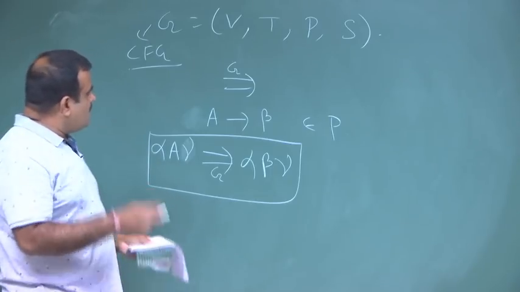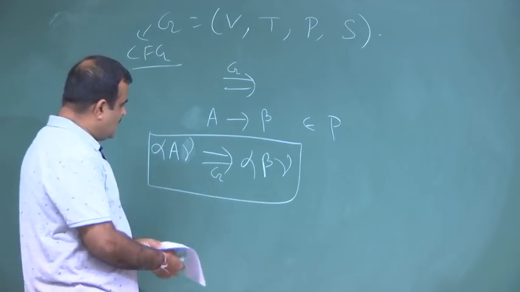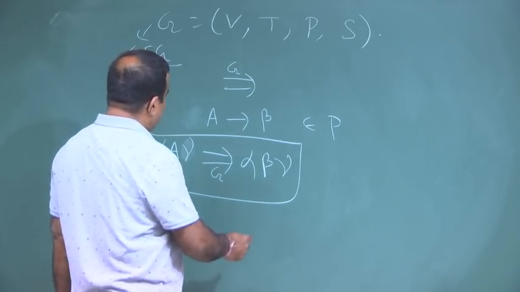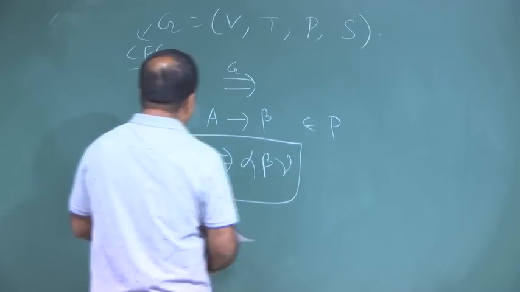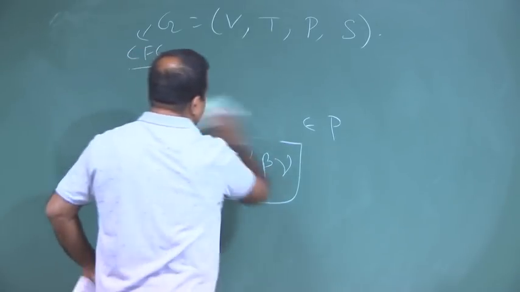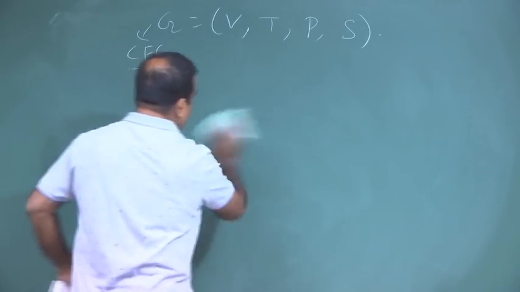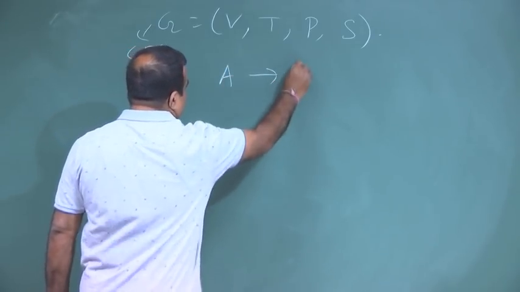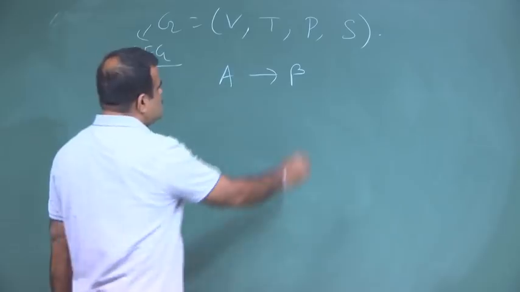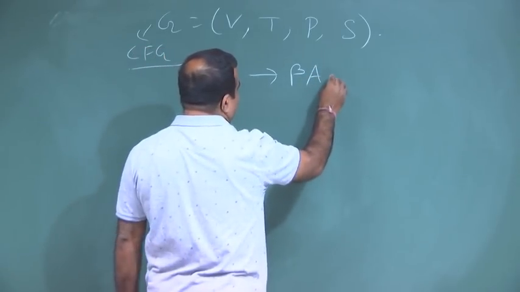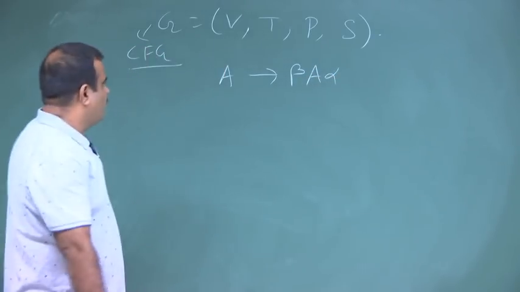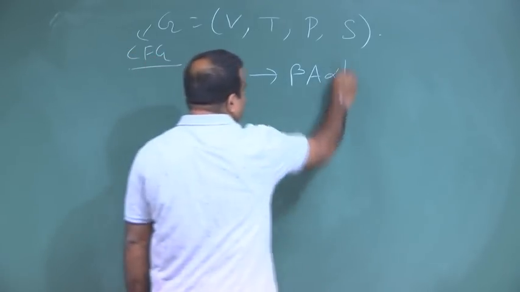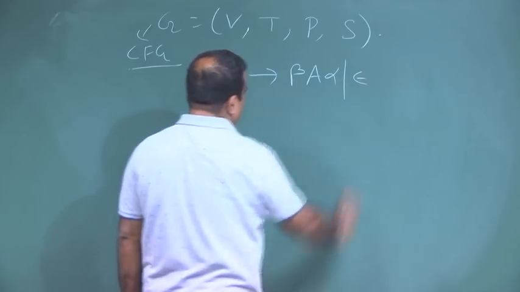Now, if you repeatedly apply this, suppose we have A goes to beta A alpha, or A goes to epsilon.